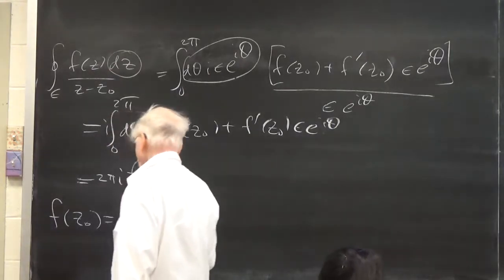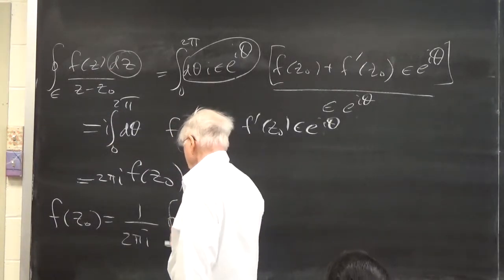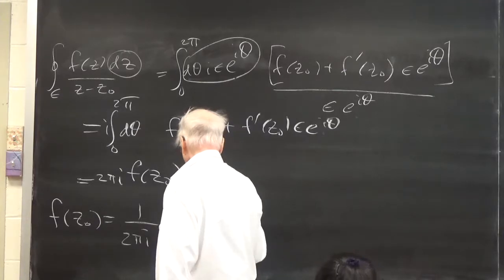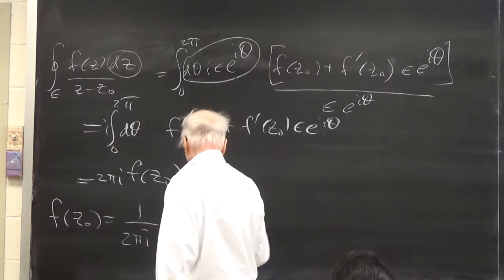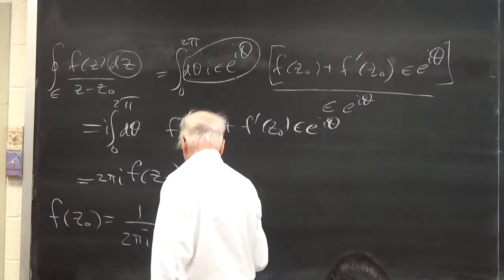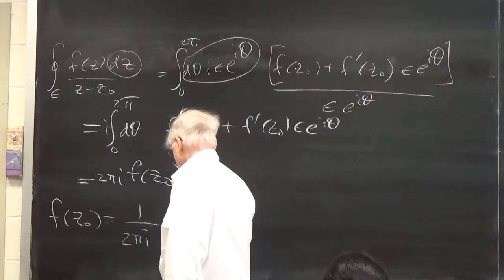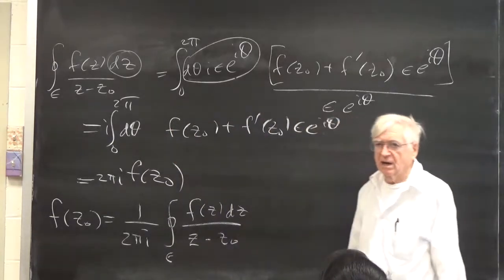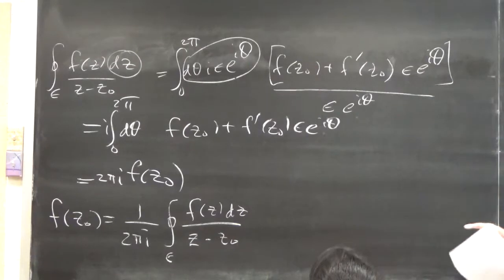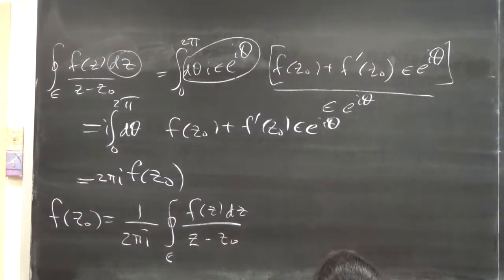You're going to see this fraction a million times. Integral of f of z dz over z minus z0, and this is a contour of radius epsilon. So when the limit epsilon goes to 0, we have this result exactly.